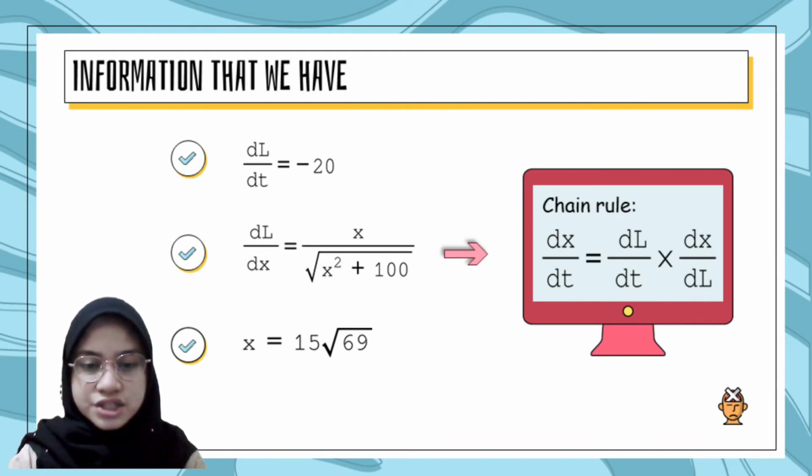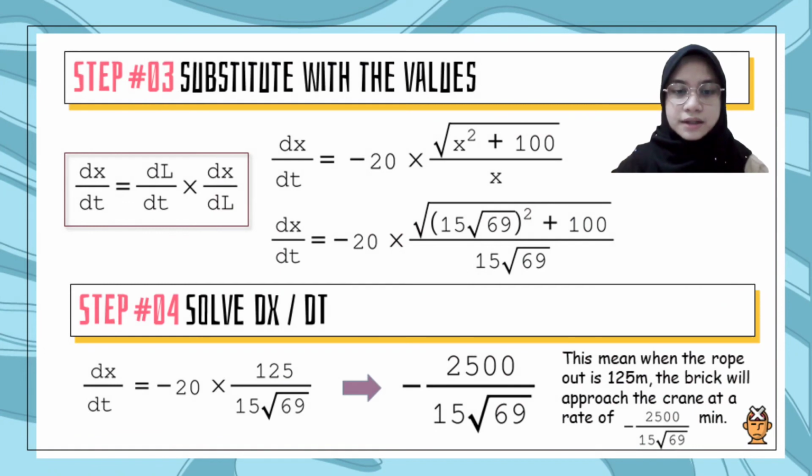We can get it using the chain rule, dx over dt equal to dL over dt multiplied by dx over dL. dL over dt is negative 20 and dx over dL is square root of x squared plus 100 per x. We cannot use x per square root of x squared plus 100 because now we have to change the position into dx over dL, so we have to use square root of x squared plus 100 per x.